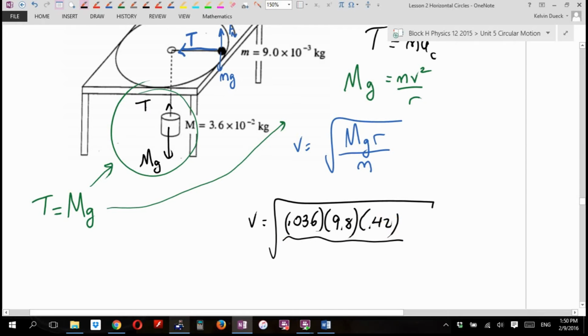All over 0.009, because that's what 9.0 times 10 to the negative 3 is, but that's less typing.